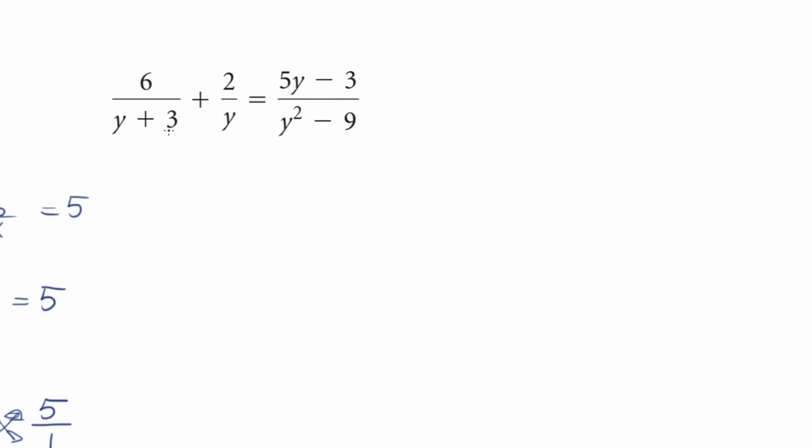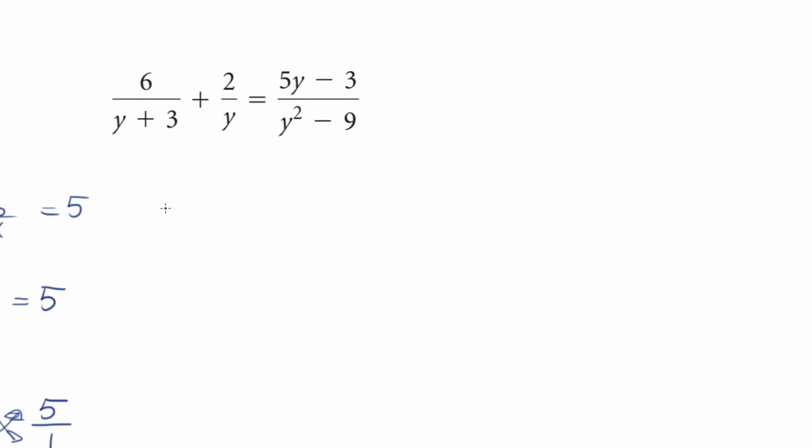Well, on the left side, it's pretty obvious that the common denominator will be y times y plus 3. Okay? And the rule of thumb is, if you don't know what the common denominator is, just multiply them, and that will be a common denominator. It's not the lowest one, but it's still a common denominator.